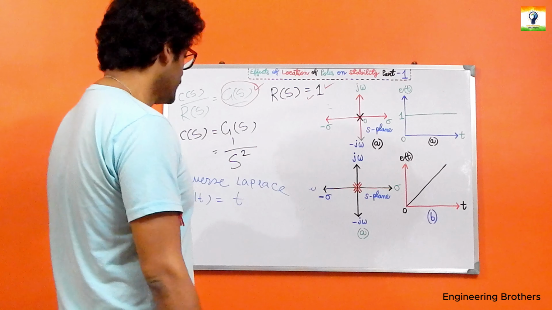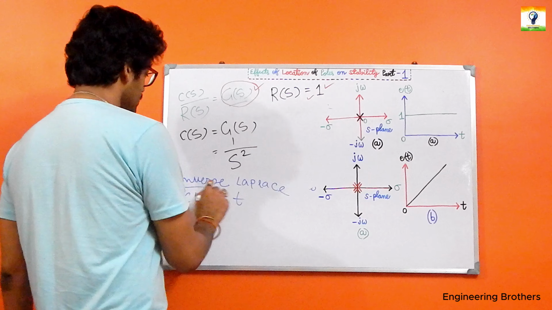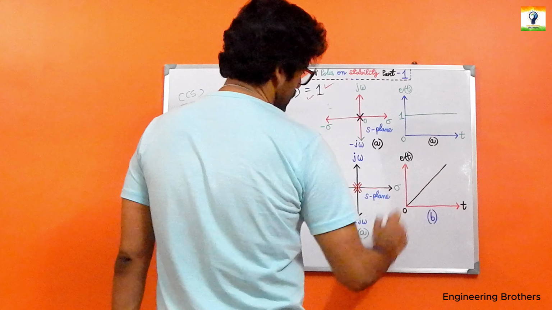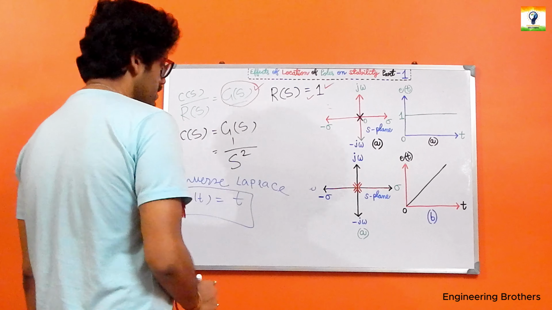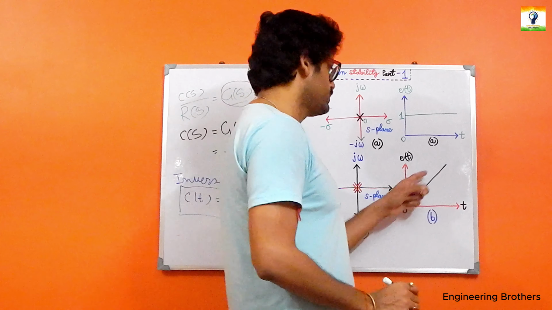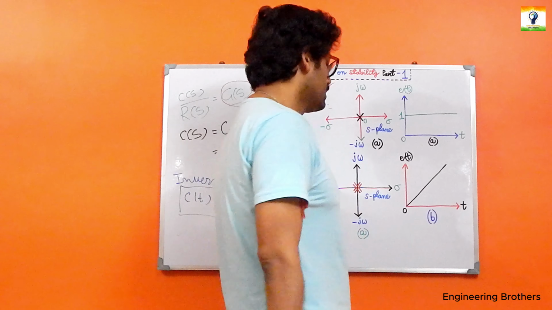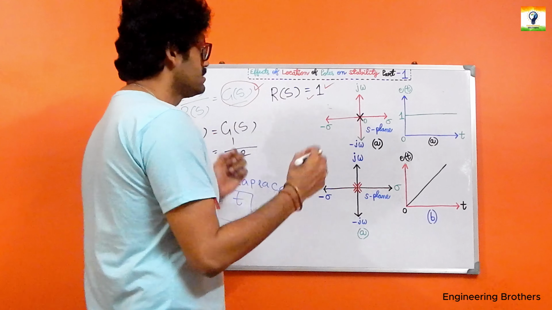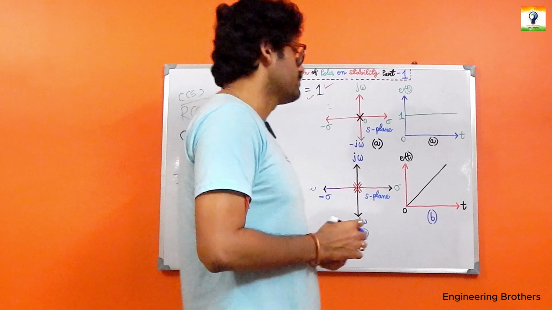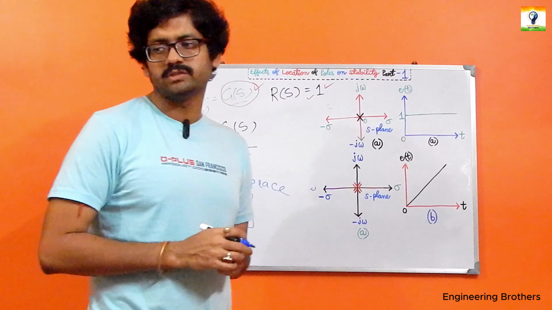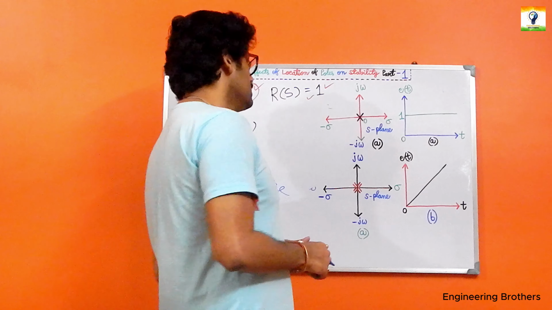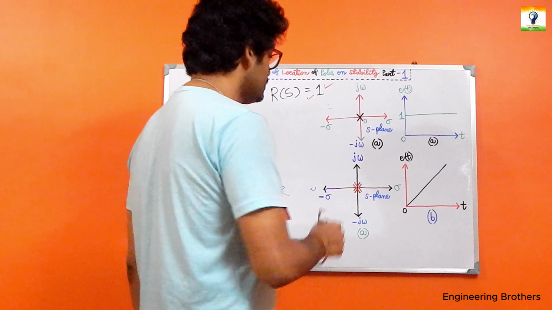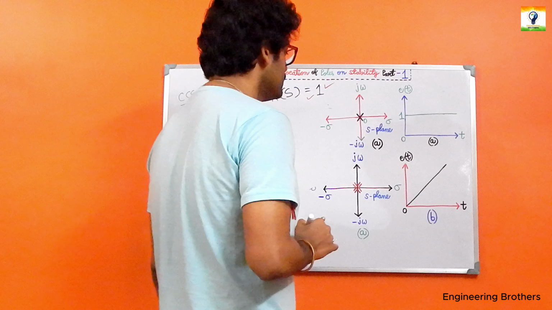We have plotted that equation here, and if you increase the time, it keeps increasing in that way. If you comment on the stability here, we can say that the system is marginally stable.